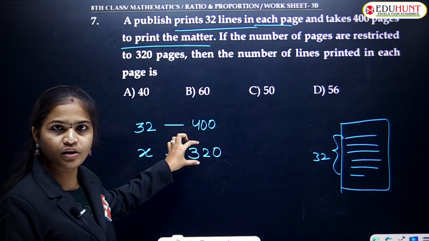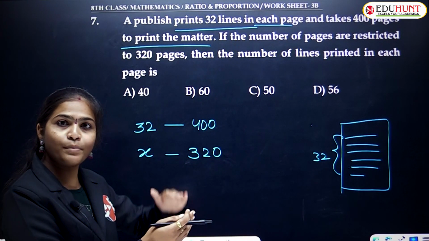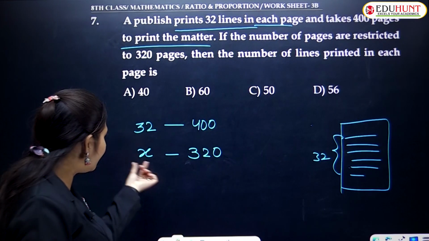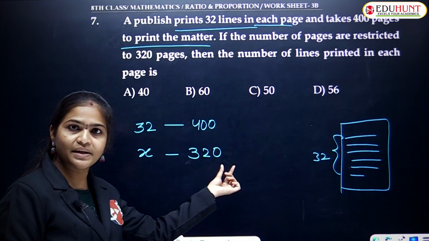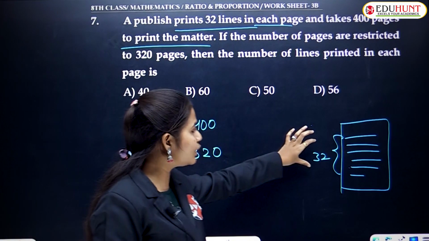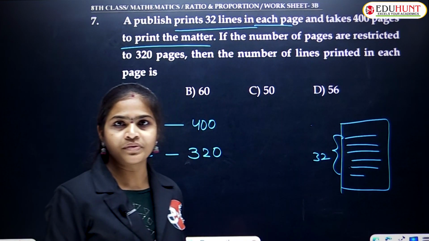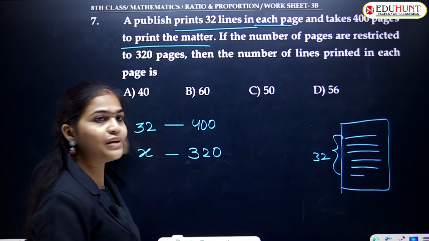That is decreasing order only, no? If only 320 pages are there, the number of lines will increase in each page. Yes or no? Then only the total matter will be adjusted in 320 pages. Actually 32 lines are there, so the number of lines will increase. So number of pages decreased, number of lines will increase.